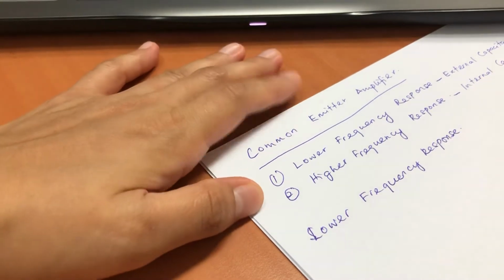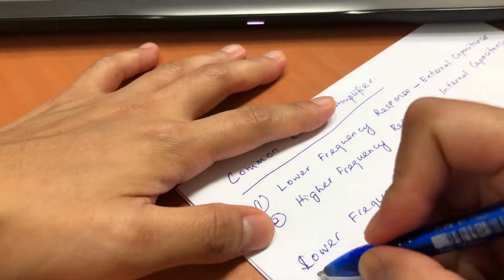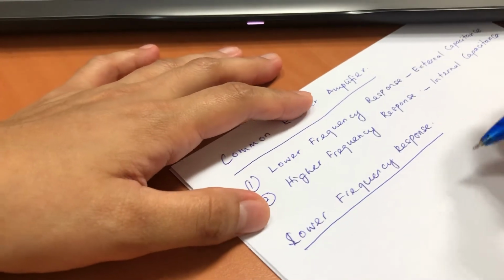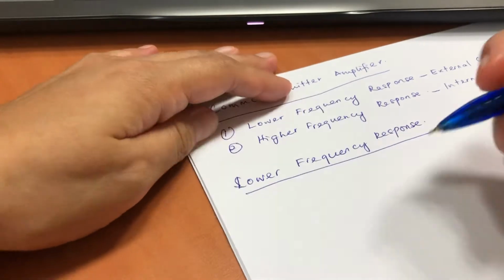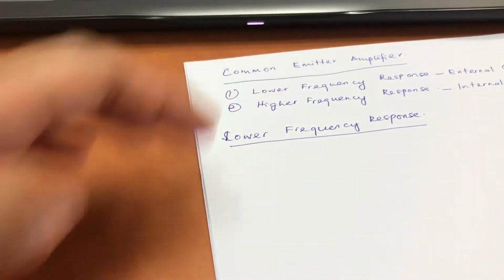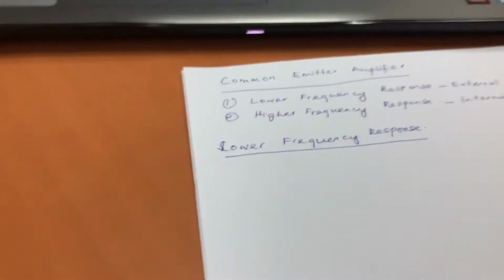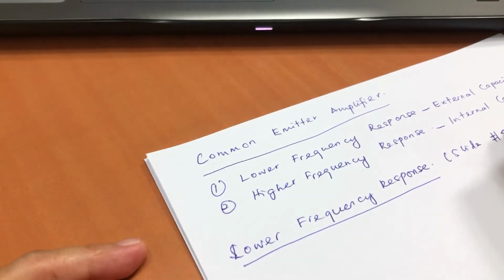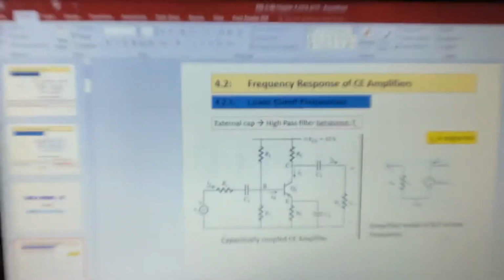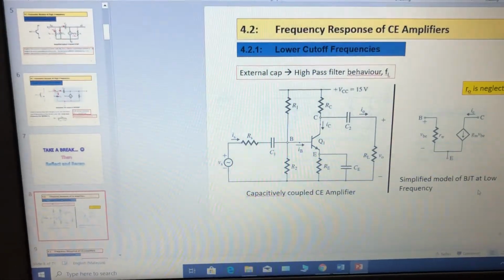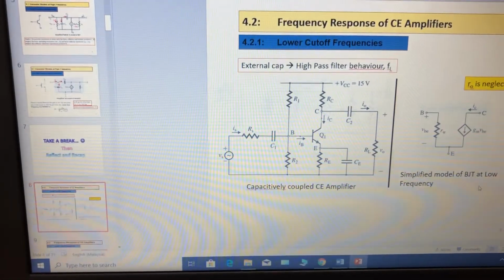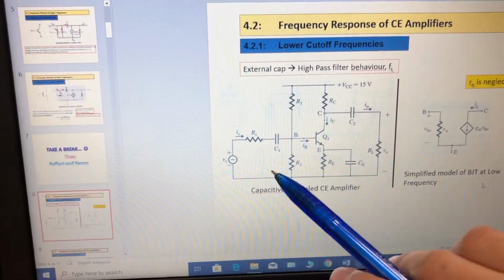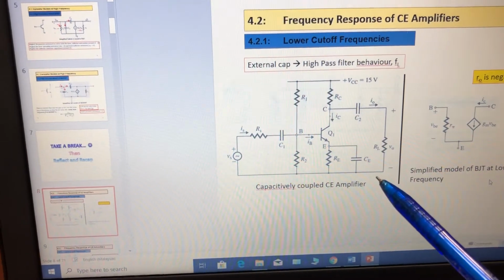If you look at the circuit in these slides, slide number 8 in your lecture notes, what are the external capacitances in this circuit? We have C1, C2, and also CE.